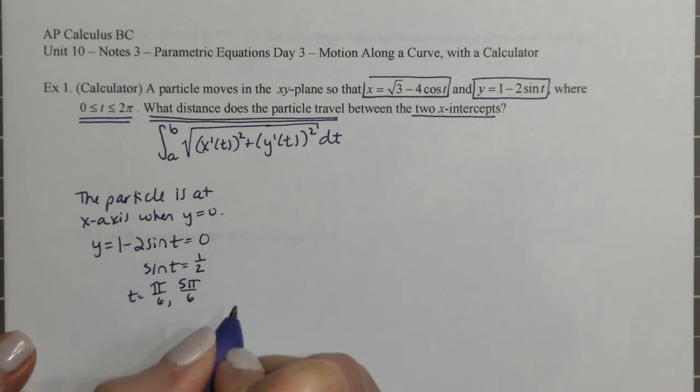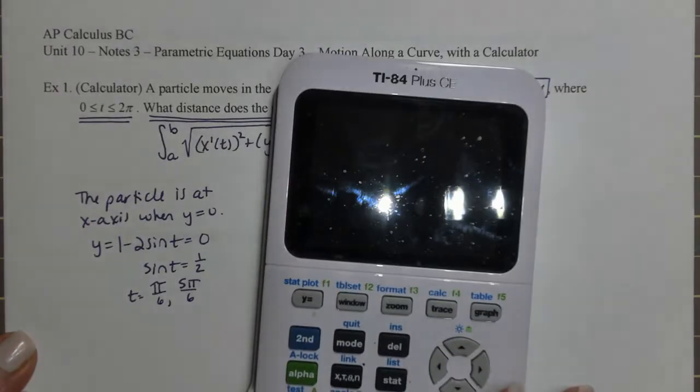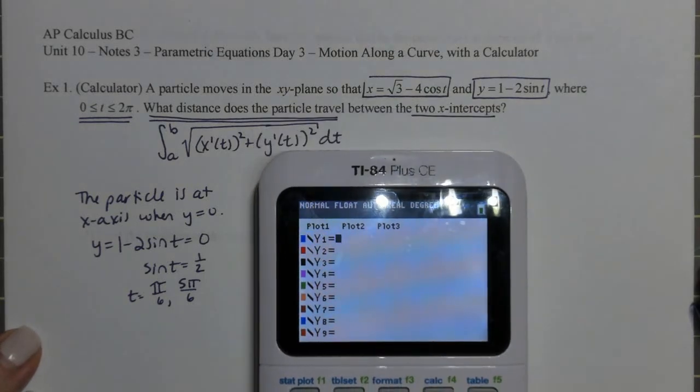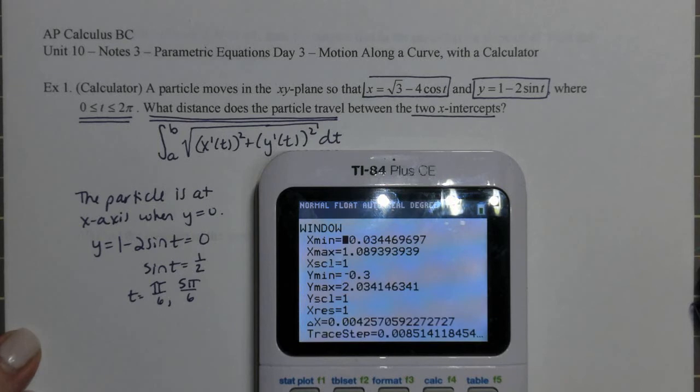That's not that bad. However, if you did do it on the calculator, I would go to my y equals screen and put 1 minus 2 sine t. And then for my window, I need to see from 0 to 2 pi.